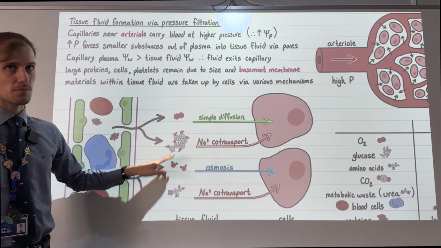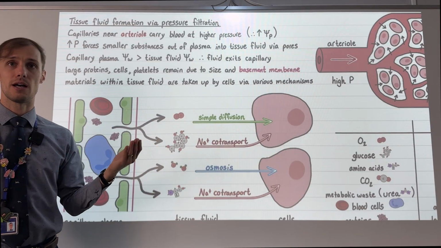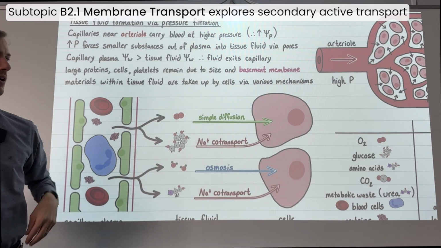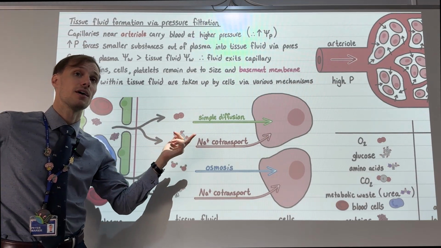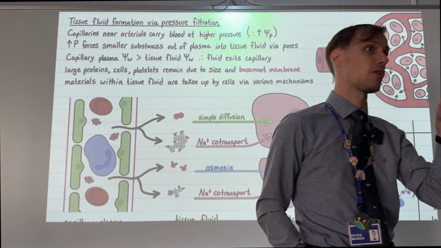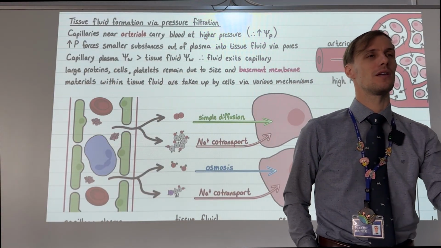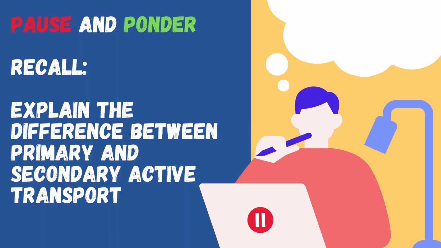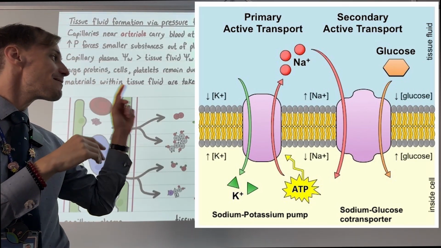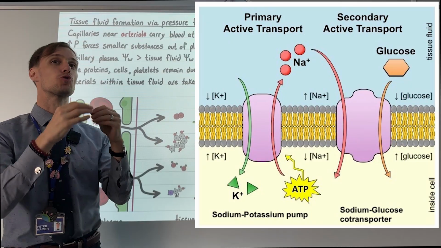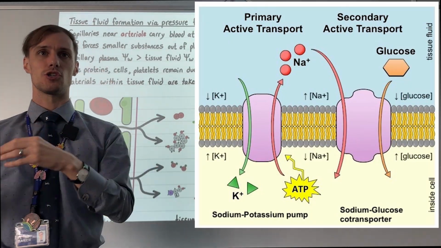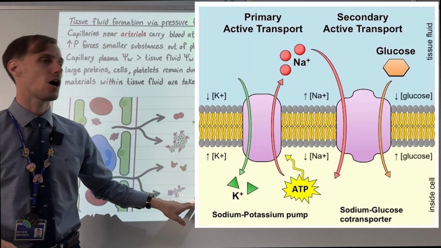Now, the other two mechanisms are one that we're going to discuss a lot, and that is co-transport. In the membrane transport subtopic, we've discussed this method of secondary active transport. Can you tell me the difference between primary active transport and secondary active transport? Primary active transport is all to do with the direct use of ATP to move a substance against its concentration gradient. However, this is not what's going on here.